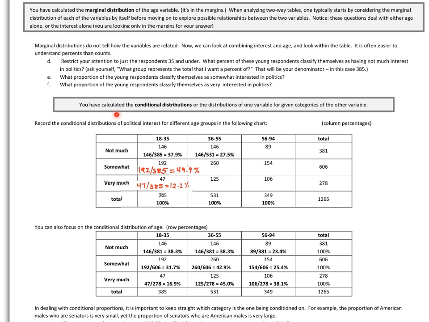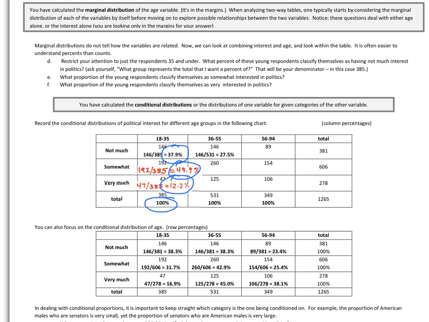You have just calculated the conditional distribution of one variable, political interest, on another variable, age. And all three of the percentages, 37.9, 49.9, and 12.2, add up to 100% of those that were 18 to 35.